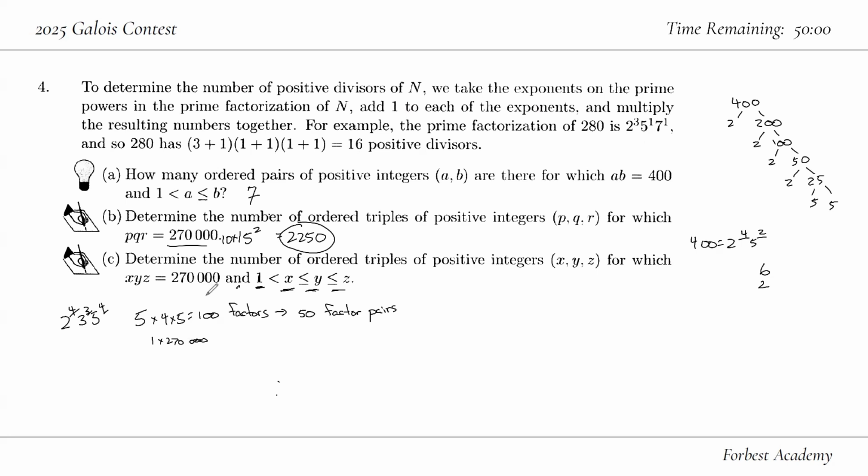So then if we were to add a 1 to this factor pair, we have 3 unique numbers, 1, A, and B, and there's 49 of these, and they each have 6 arrangements. So this gives 294 different triples. Okay.